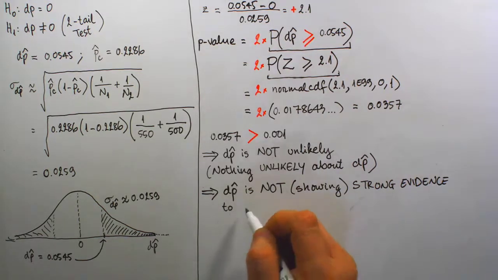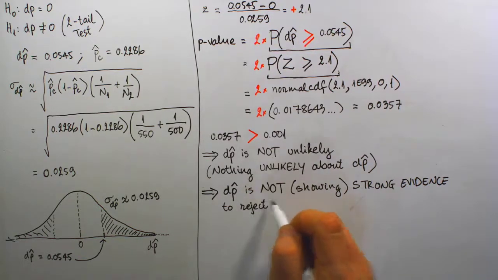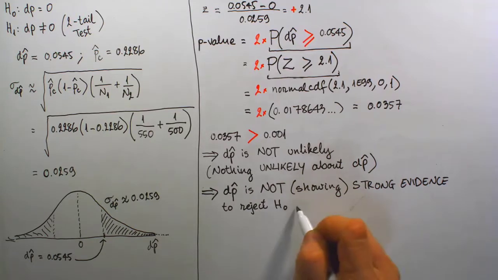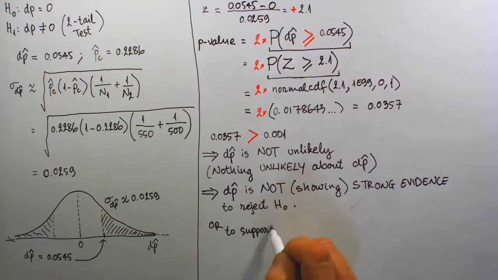for us, on one hand, to reject H sub 0, or we can say that p-hat is not strong evidence for us to support H1.